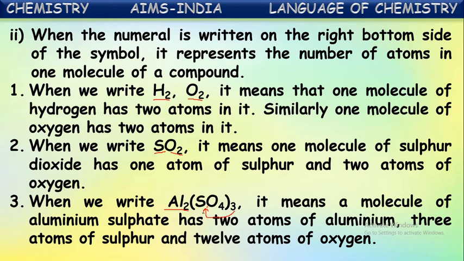So one molecule of Al2(SO4)3 represents 2 aluminium atoms, 3 sulfur atoms and 12 oxygen atoms in combination. By the combination of all these atoms, one molecule of aluminium sulfate is formed. So if any number is written at the right bottom side of a symbol of an element, that represents the number of atoms of that element present in one molecule of a compound. Okay, got it, I think.